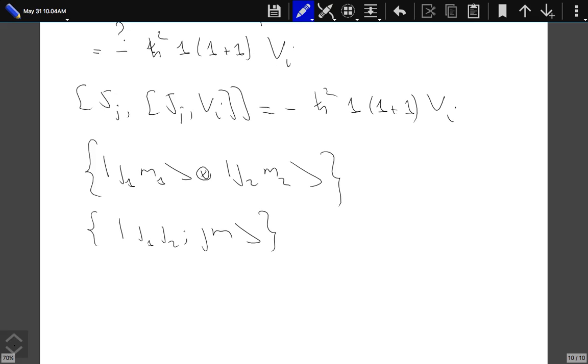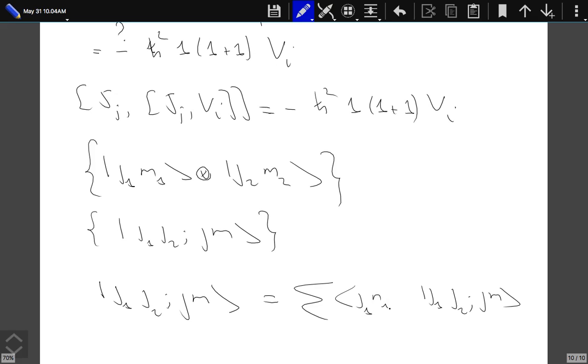They also have the definite total J squared and the total Jz. And there is a correspondence between the two. They are both bases. Since they are bases, we should be able to write one in terms of the other, and this we can write as <j1, j2, J, M | j1, m1, j2, m2>. These are what we had defined as the Clebsch-Gordan coefficients.